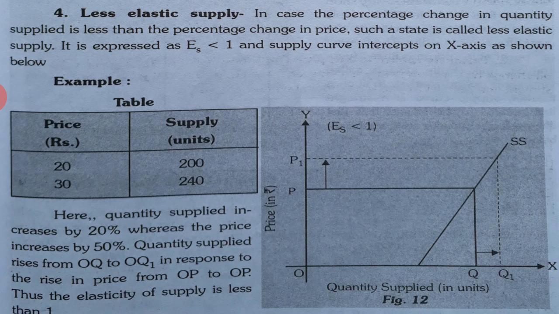Less elastic, you can say it is less than 1, that is, percentage change in quantity supplied is less than the percentage change in price, and it intercepts x-axis. The highly elastic supply forms a curve that intercepts on y-axis, and less elastic supply will form an intercept on x-axis. So see the table, prices from 20 reach 30, but supply is increased only 40 units.